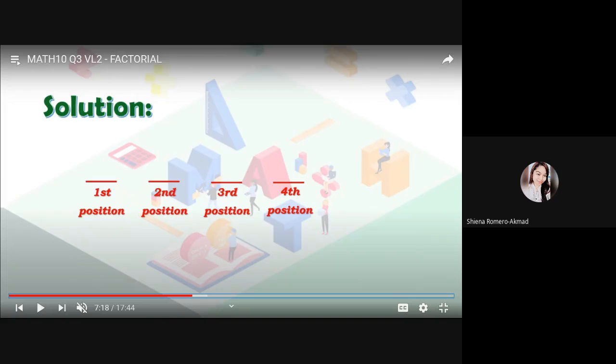Diba? Ina-arrange natin si Rose, si Sheena, si Bobby, at si Chris. Ilan yung choices natin para sa unang posisyon? Ilang tao yung pinagpipilian? 4. Okay. So kapag pumili ako ng isa dun sa 4, how many is left for the second position?